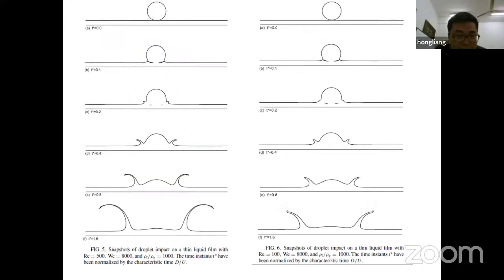We can see in this the drop impacting the liquid films with the Weber number of 18,000 and the Reynolds number of 500.